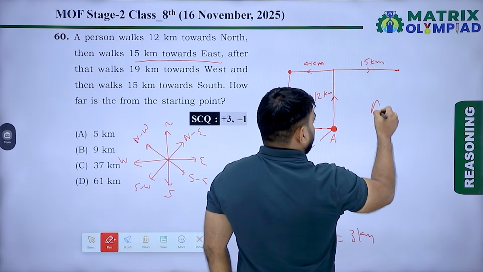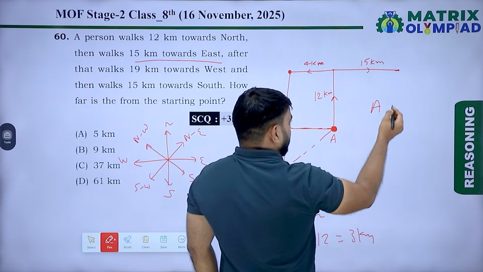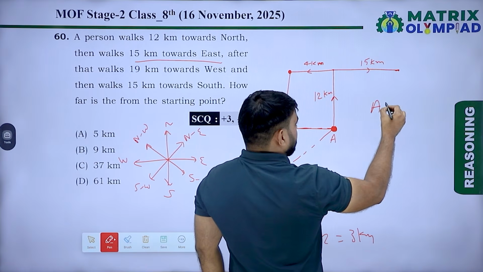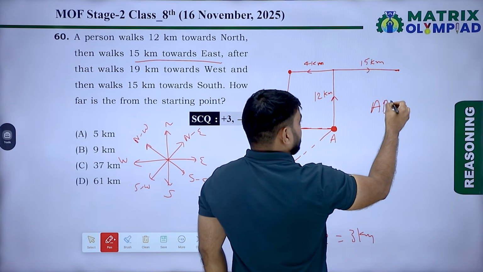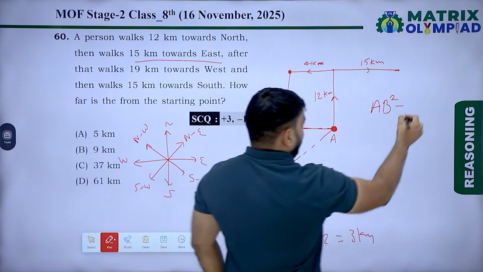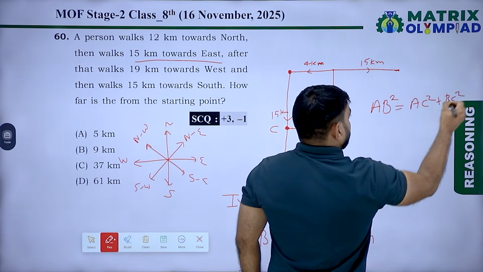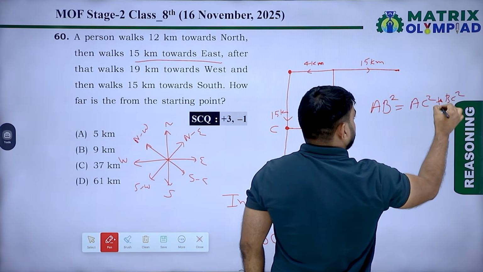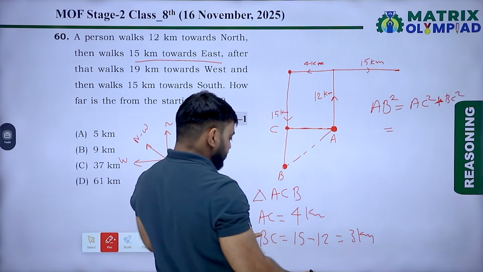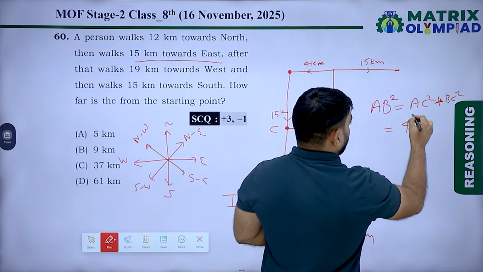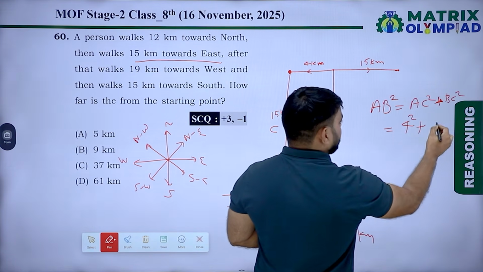Now using the Pythagoras theorem in this triangle, according to Pythagoras, the hypotenuse AB square is equal to AC square plus BC square. Now AC is 4 square plus BC is 3 square.